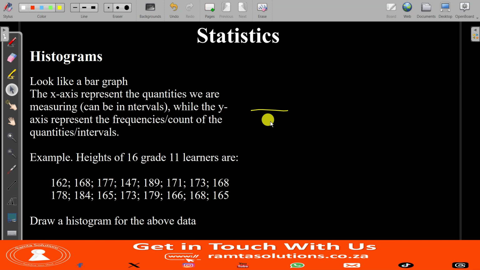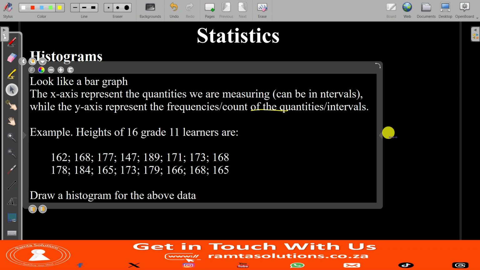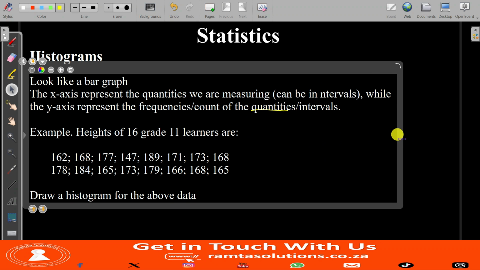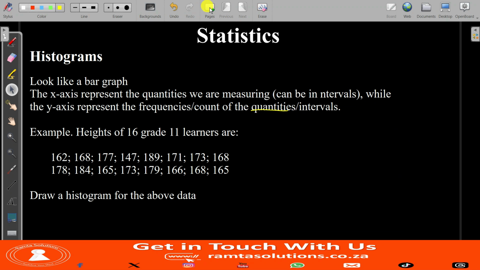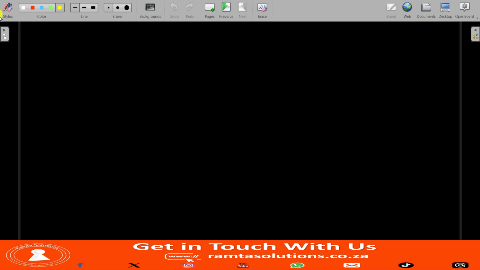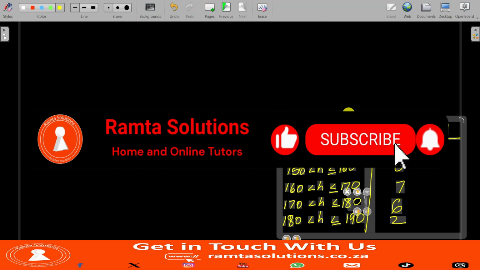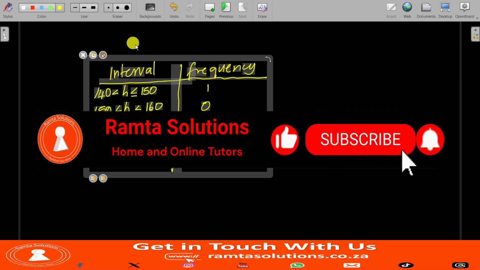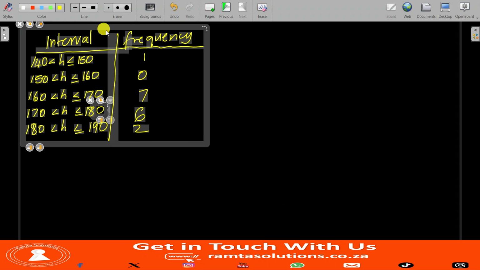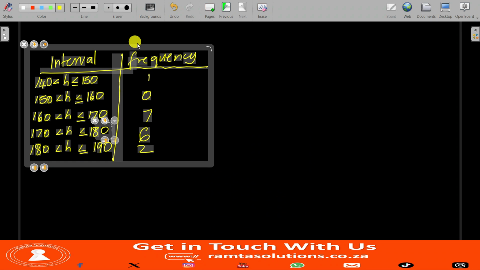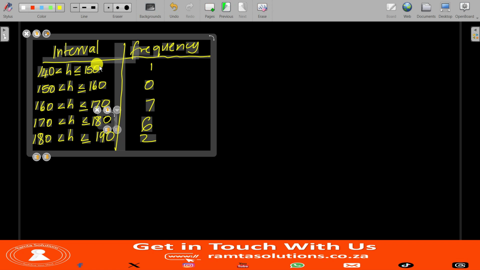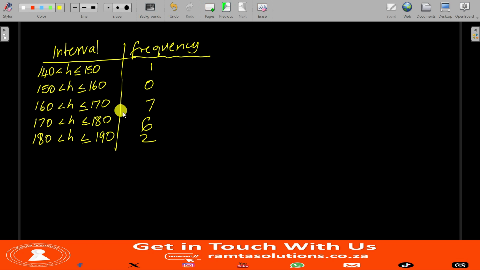What I want to do now is add some more information on this. Do we need to add information? No, we don't have to. So I'm going to take this information as is.